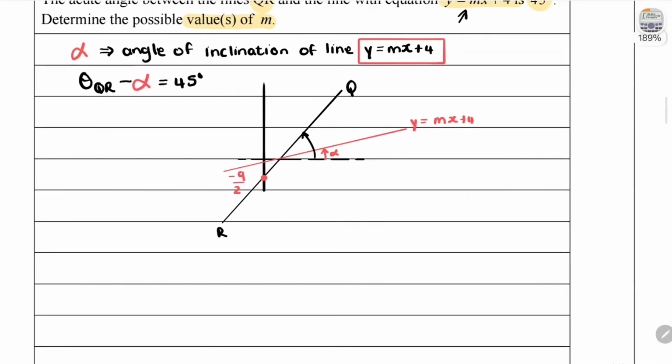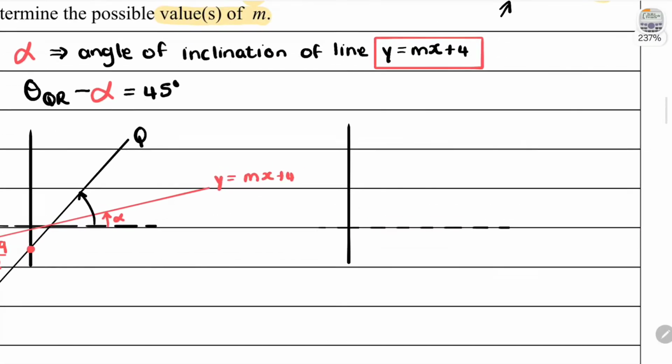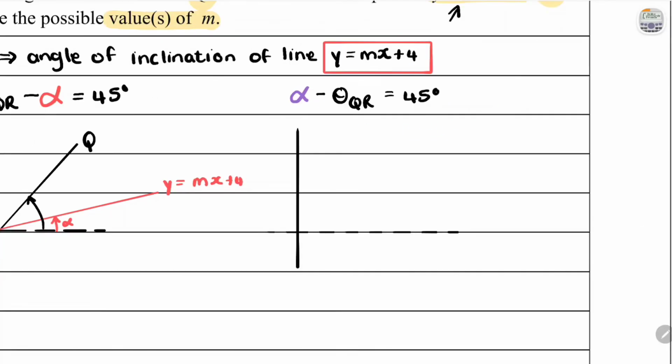Now, the second situation we can consider would look like this. Let me just move this over. Here is the second case scenario. The second case could be that, to find that 45 degrees, we actually said alpha minus the angle of inclination of QR, and that gave us 45 degrees. In this situation, because it gave you a positive number, this implies that this line is actually above the line QR.